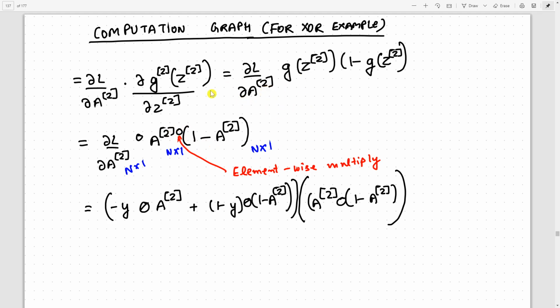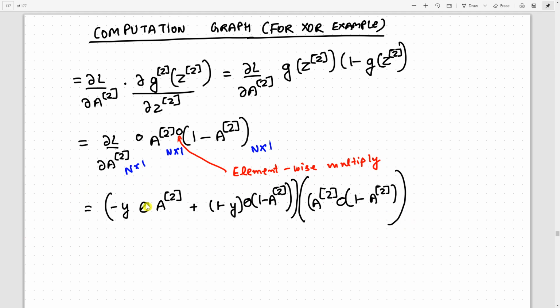You can also look at all the dimensions and agree why we need an element wise multiplication here, and we'll gradually see why these element wise multiplications come into the picture when we look at generalized Jacobians, or generalized tensor to tensor gradient computation. We can then substitute this term, which was minus y element wise divided by a2 plus 1 minus y element wise divided by 1 minus a2, and this entire thing is now element wise multiplied by a2, element wise multiplied by 1 minus a2, right?